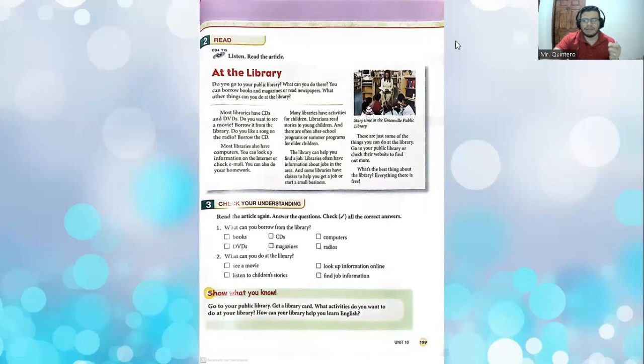What are the activities? For example, I can read a book. I can check up everything. I can follow different instructions from the magazines, etc. What can you do at the library? So we have the 4 options. For example, see a movie, listen to children's stories, look up information online, find job information, etc.